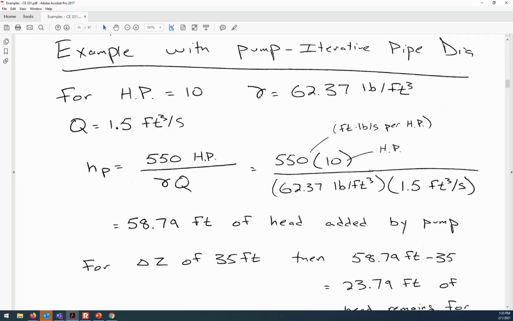Alright, so our unit weight of water is 62.37 pounds of force for every cubic foot of water.